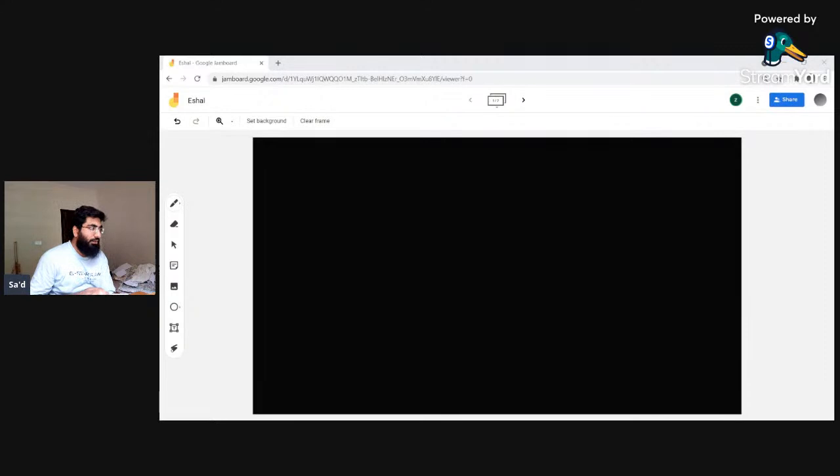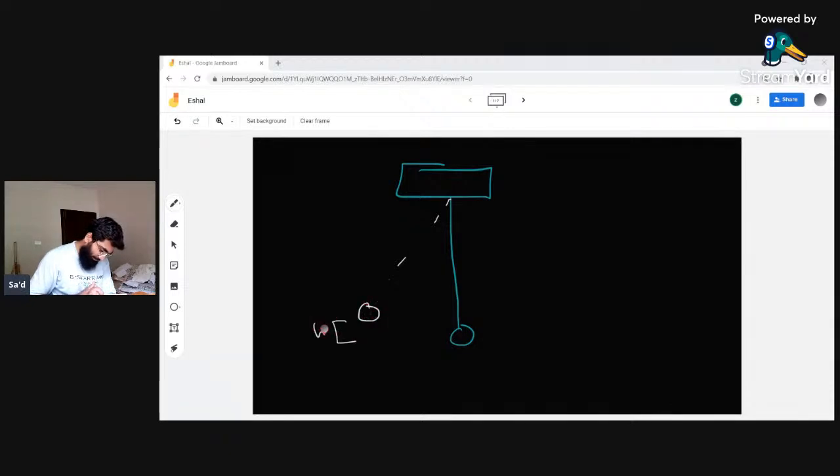We could look at the example of a pendulum as well. So for example, if there is this pendulum over here, if I move it to this extreme, it gains this small height h from its mean position.